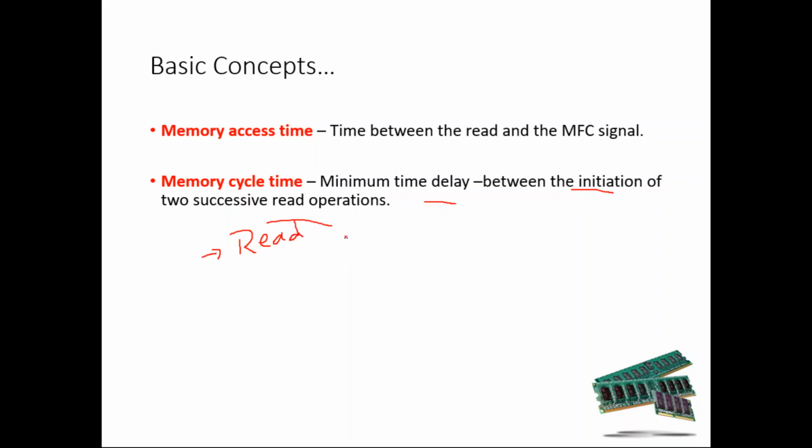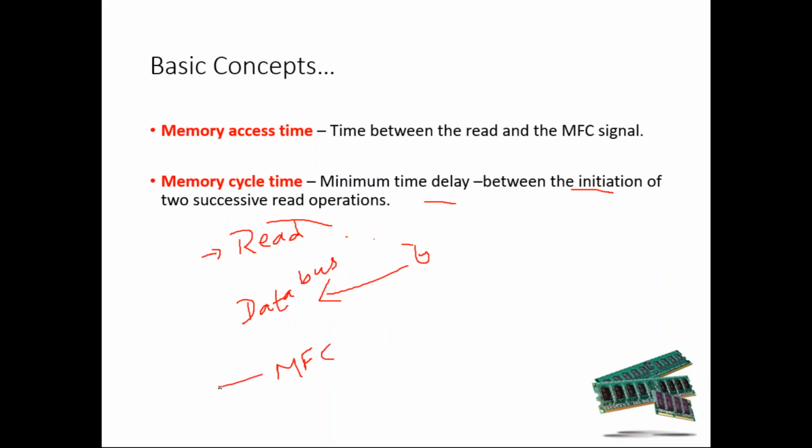Once the read signal is generated, it may take one or two clock cycles, and the data will be fetched from the memory and moved to the data bus. It will just come to the data bus; it will not even come to MDR. Once the data is available in the data bus, the MFC signal, memory function complete, will be generated by the memory controller to the processor.